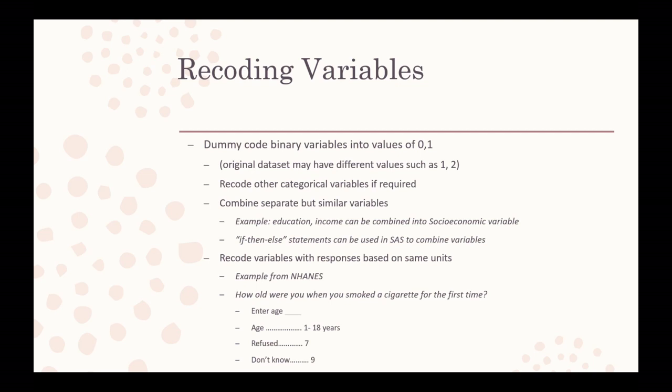So if there were two different responses, either the participants can enter their age, or they can select their age as 1 to 18, refused, or don't know. So if there are two different responses, then you can actually recode them into a single response, and it is much easier to work with the data when you recode the variables into a single response, and it also avoids duplication of data.